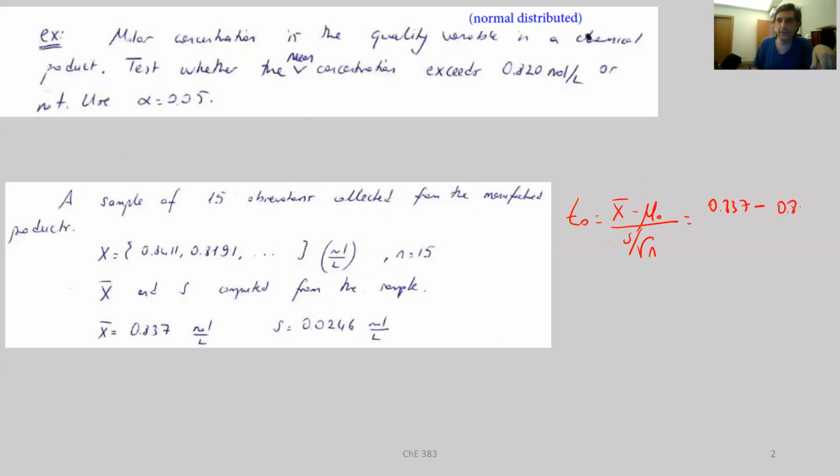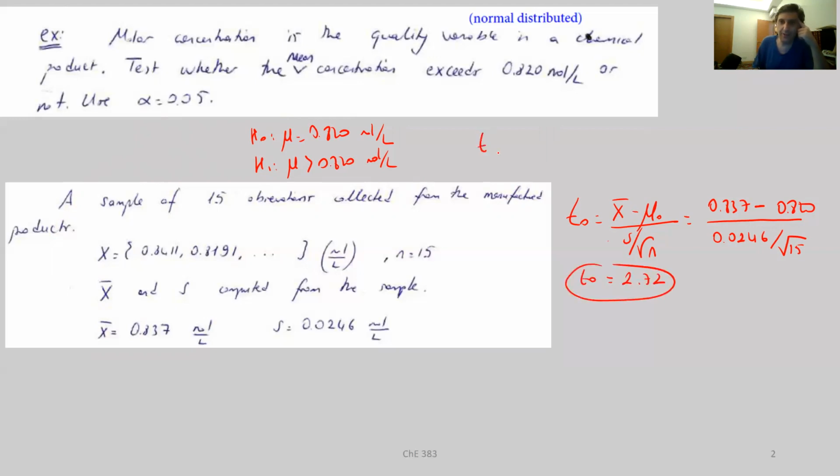Let me write the hypothesis test here again. All right, divided by the standard deviation, 0.0246, divided by square root of 50. And the obtained value is 2.72.